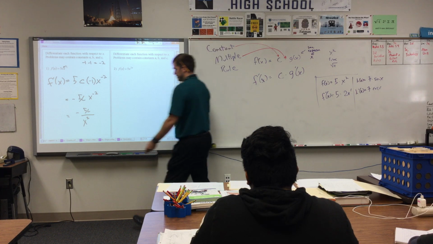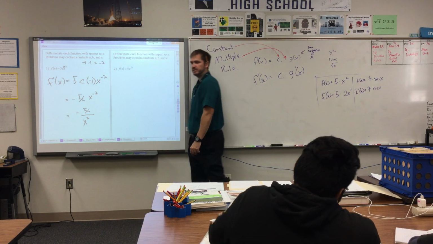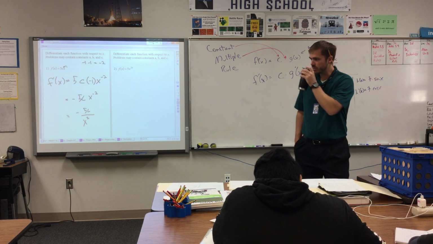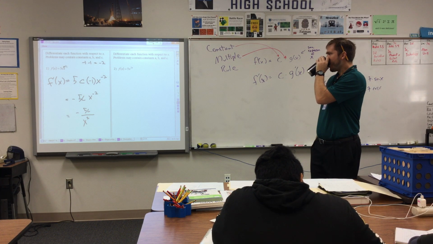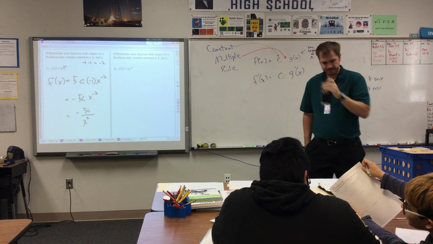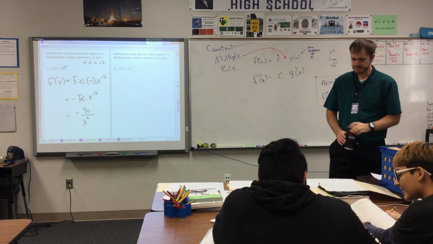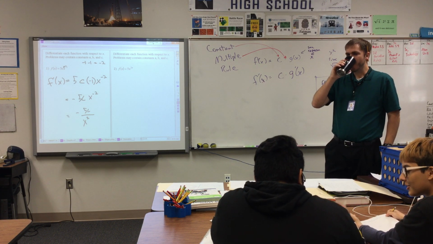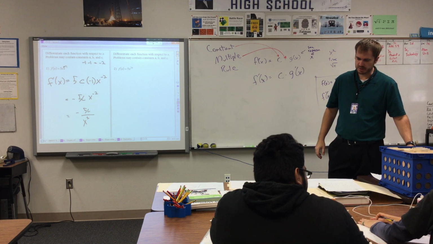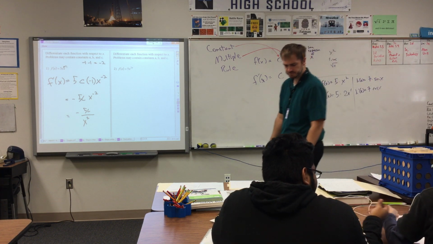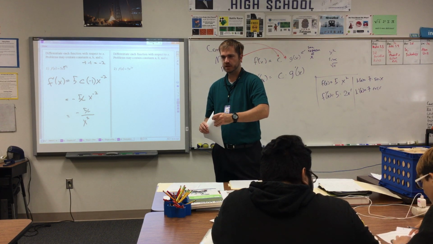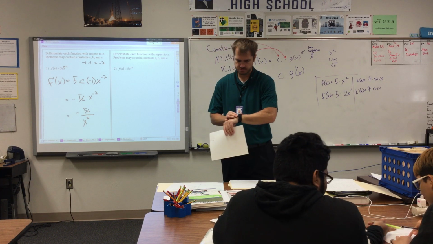So now as a table, I want you to try number 2 if you haven't already. Once you get it, move on to the next problem, and the next problem, and the next problem after that. I'll give you 30 more seconds on number 2.